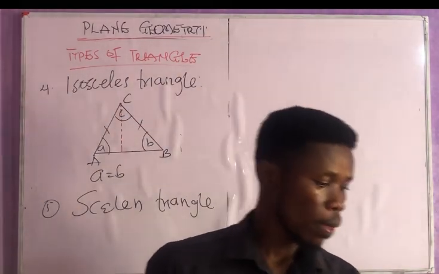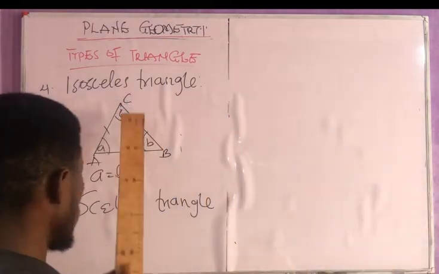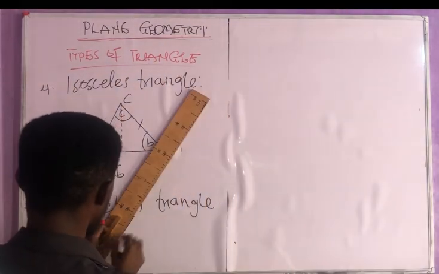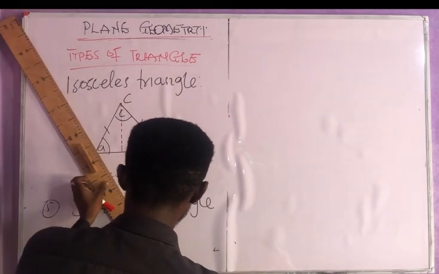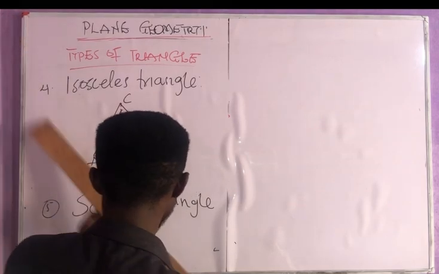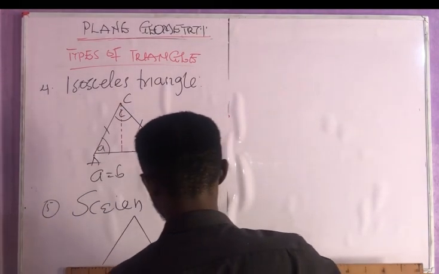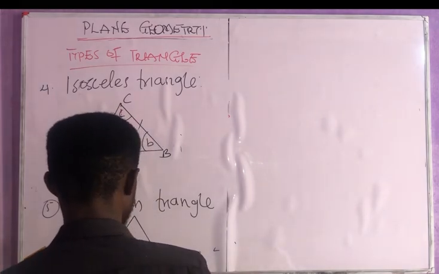Unequal. And it has no line of what? Symmetry. It has no line of symmetry. So if I have this, I've already said that it is not drawn to scale, okay?